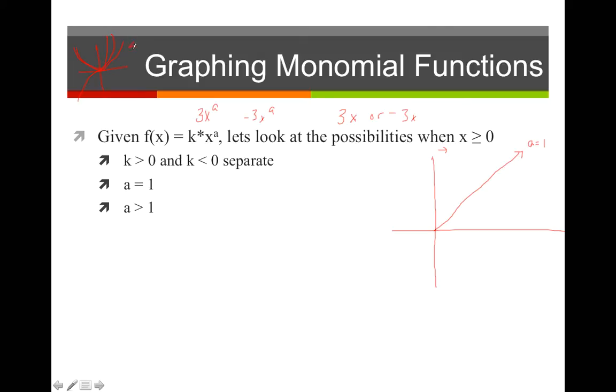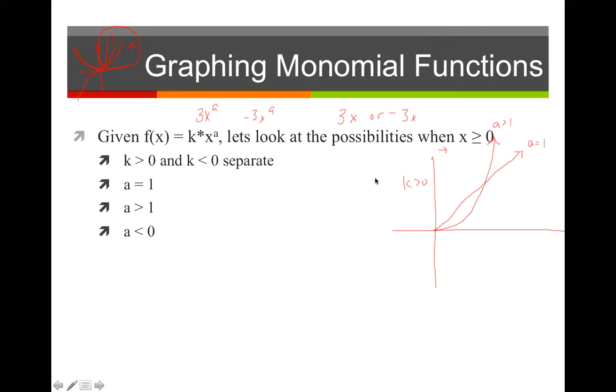You notice what happens over here in quadrant 1. All of these functions follow this pattern when a is bigger than 1. They all follow this curve going upwards as we go to the right. And remember, this is for k bigger than 0, so we're looking at positive. We haven't reflected across the x-axis yet.